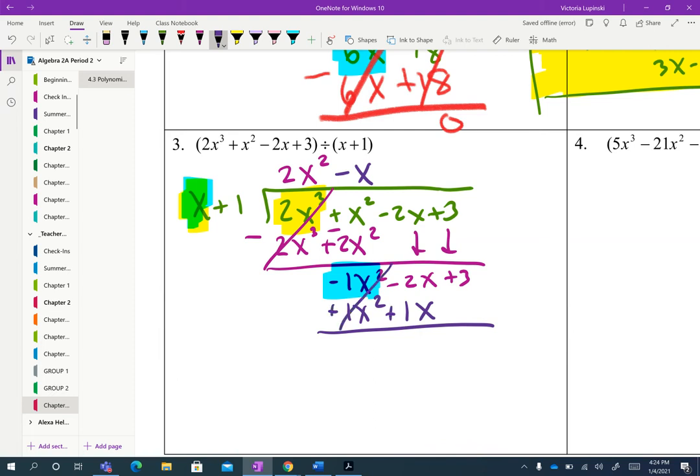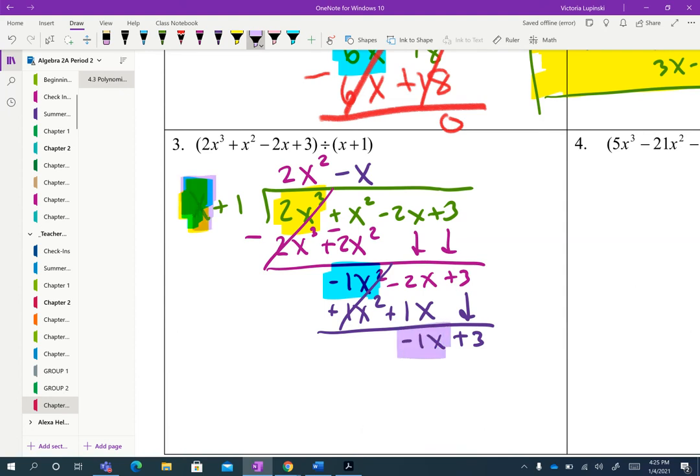The squareds are gone. Negative 1x, bring down the 3. For the first time today, we're actually going to go and do a third round because x is equal to x. As long as you can put whatever the divisor is into what's in the remainder slot, you know that you're not quite finished.